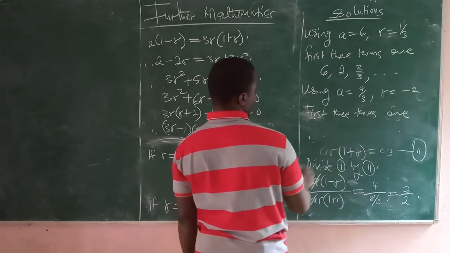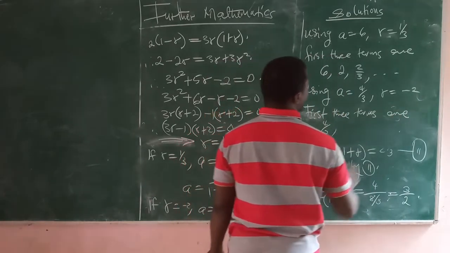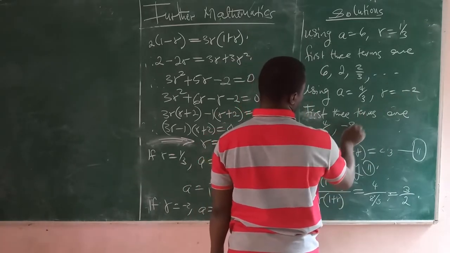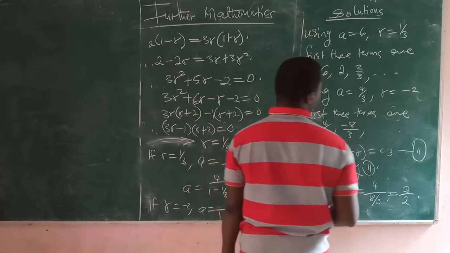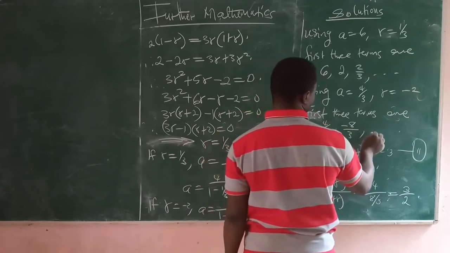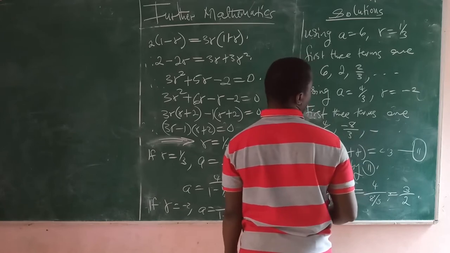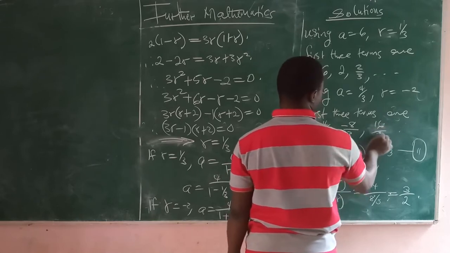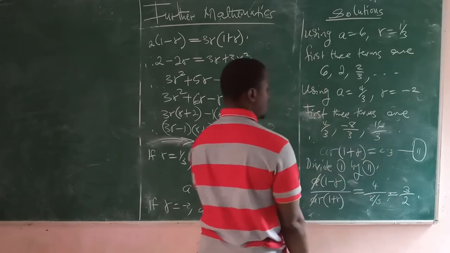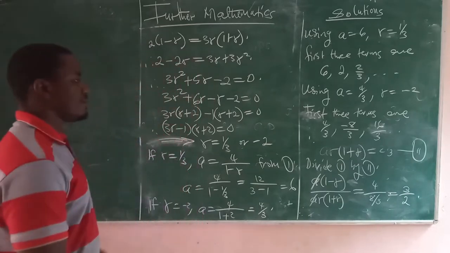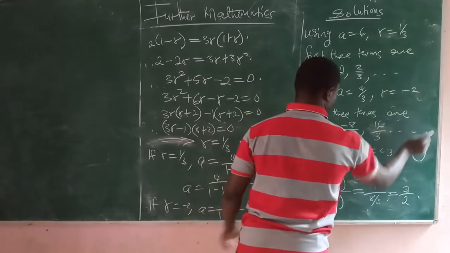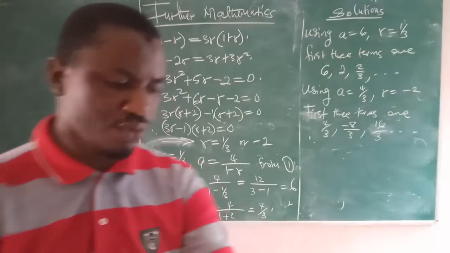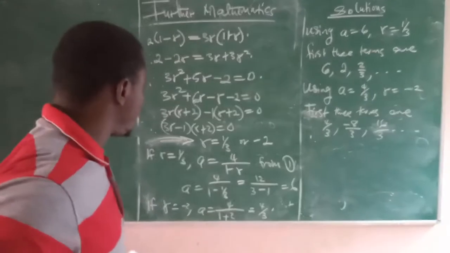First 3 terms are 4 over 3, then this times R is minus 8 over 3, then this times R is minus 16 over 3. That's it. Okay, continuously. So we are done.